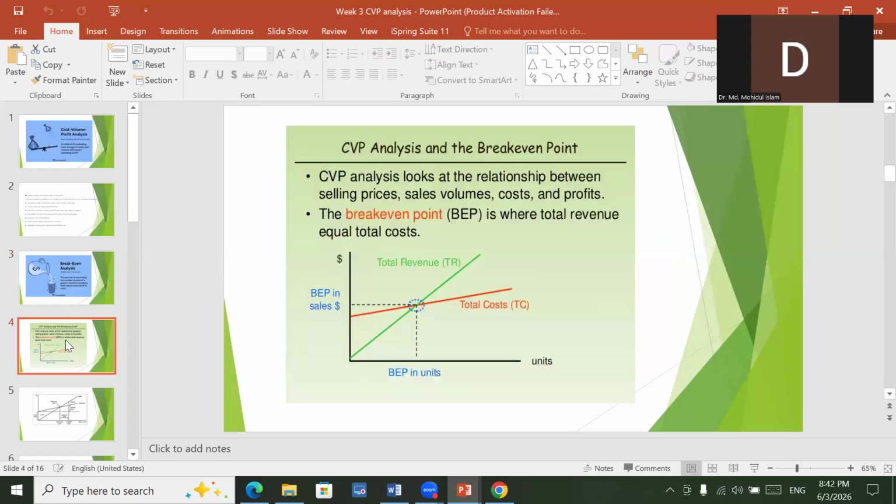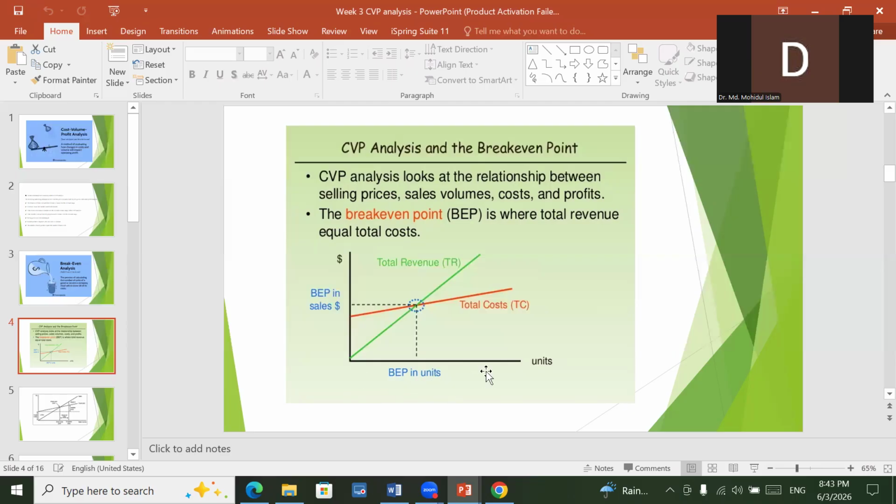Another slide tries to clearly show the CVP analysis and break-even point by a diagram. There are vertical and horizontal axes. The left hand side is break-even point in sales, and the horizontal or bottom line is break-even point in units.